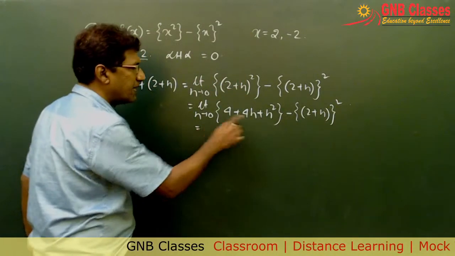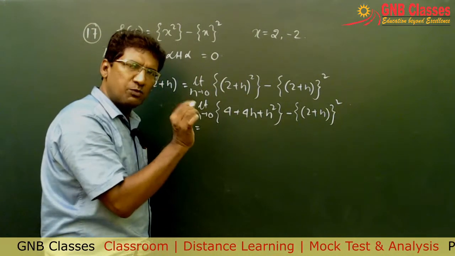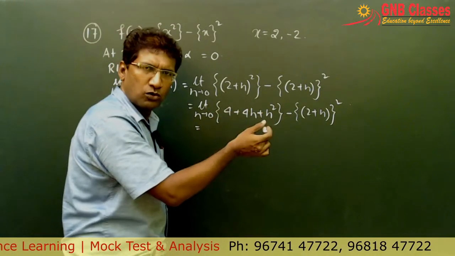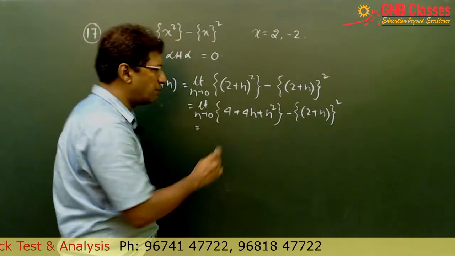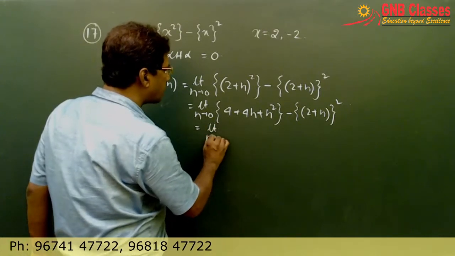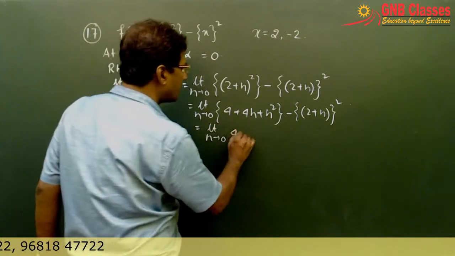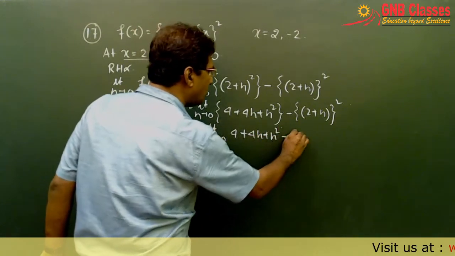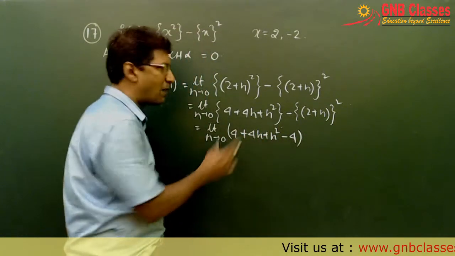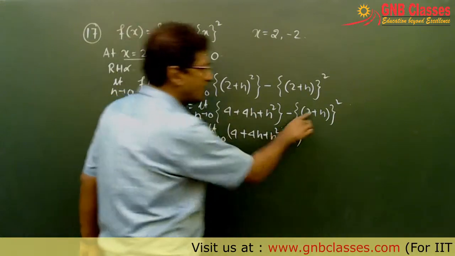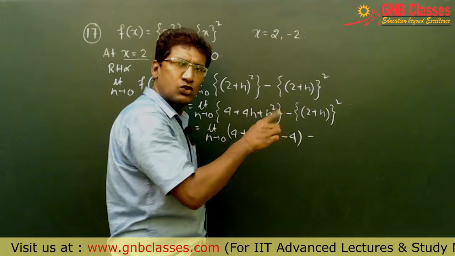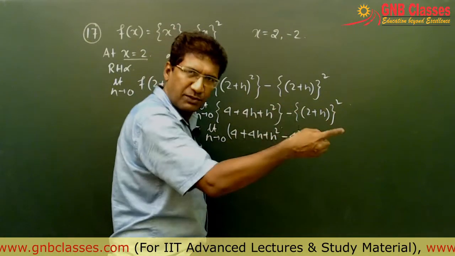Now look carefully. Since h is a very, very small positive number, this number will give you a little more than 4. To get the fractional part, all we have to do is subtract 4 from here to get the fractional part of this term. Now from this one, what are we getting? It's 2 plus h. 2 plus h means it is 2 point something.